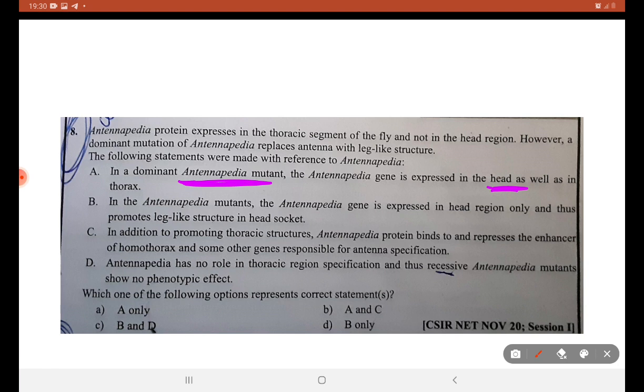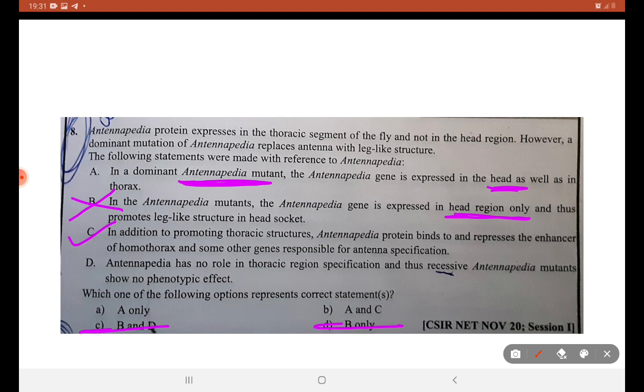So Antennapedia has a role in the head as well as in the thorax. Next, mutation in Antennapedia gene expressed in head only. No, B is not a right answer. C: in addition to promoting thoracic structures, Antennapedia protein binds to and represses the enhancer of homothorax that is responsible for antenna specification.